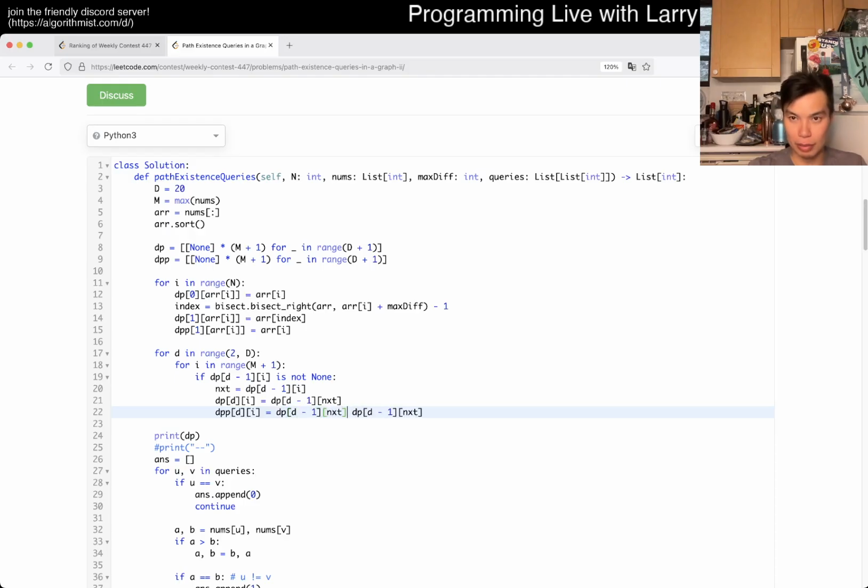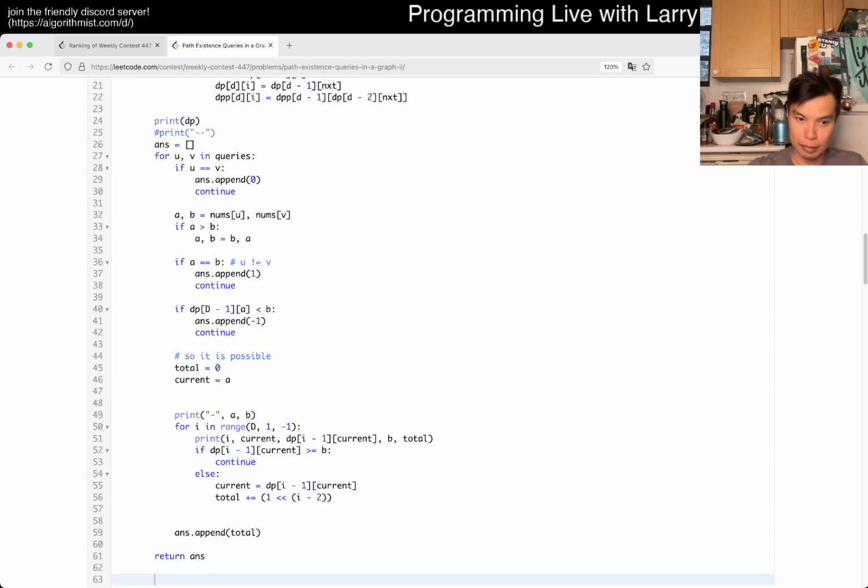So this is whatever, but what we want is something like this, and then this, right? To go backwards 1 step.